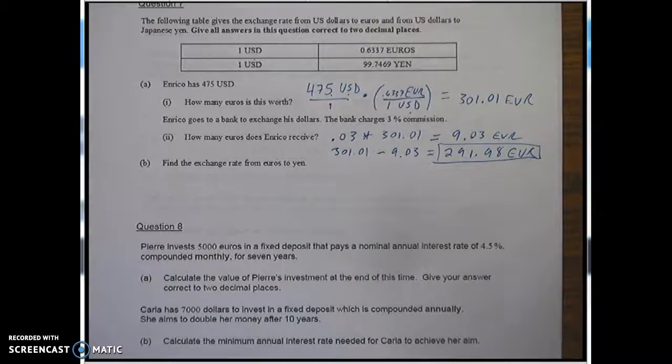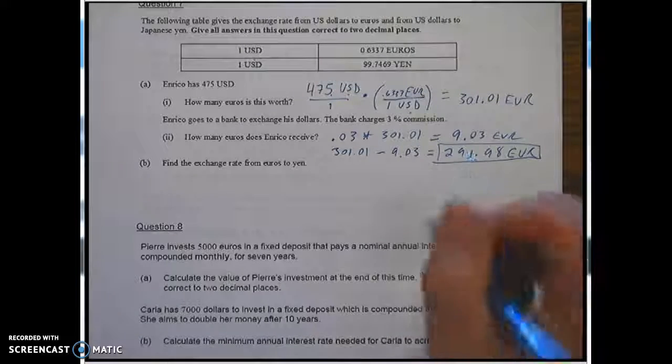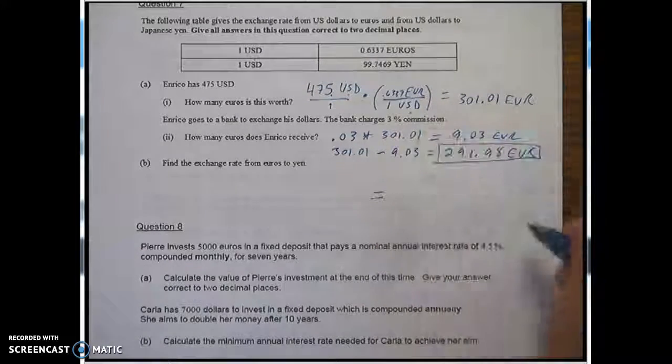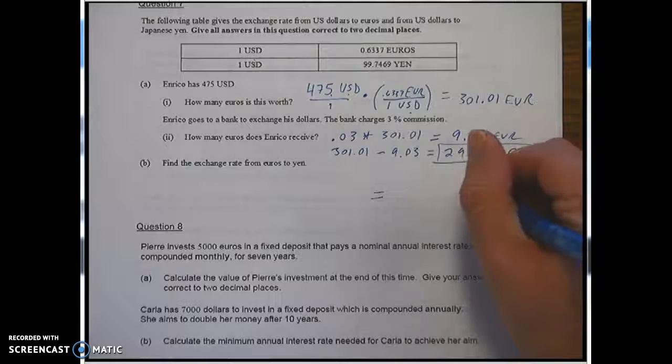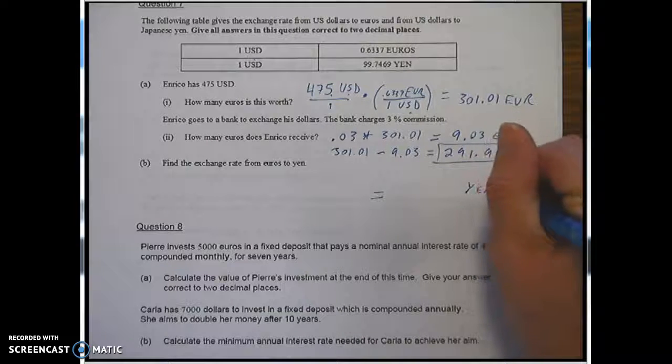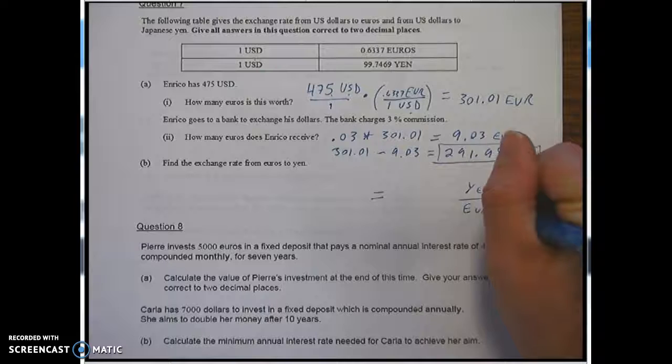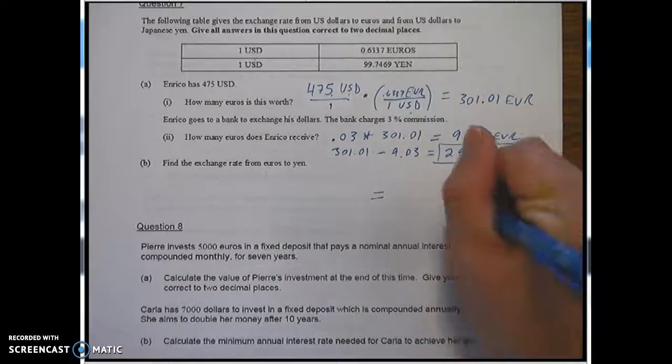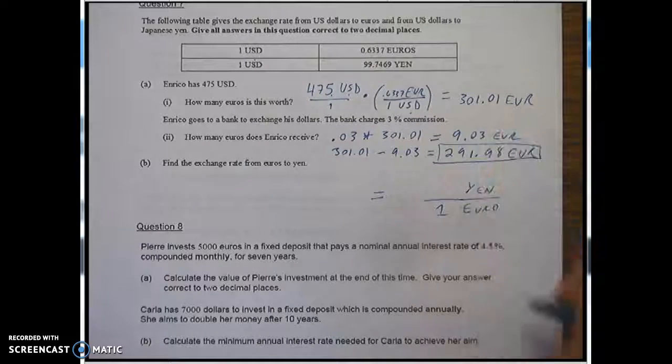The last thing we're asked to do in this IB question is find the exchange rate from euros to yen. So when I'm done, I want to know how many yen there are for every 1 euro. So I want to end up with a proportion here. That'll give me the exchange rate.